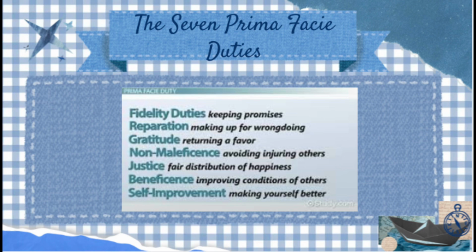Fifth is justice, which means fair distribution of happiness. Sixth, beneficence, which means improving conditions of others. Seventh, the last one, self-improvement, which means making yourself better.